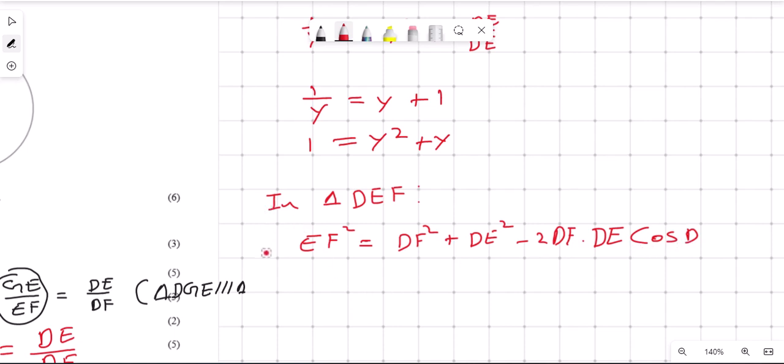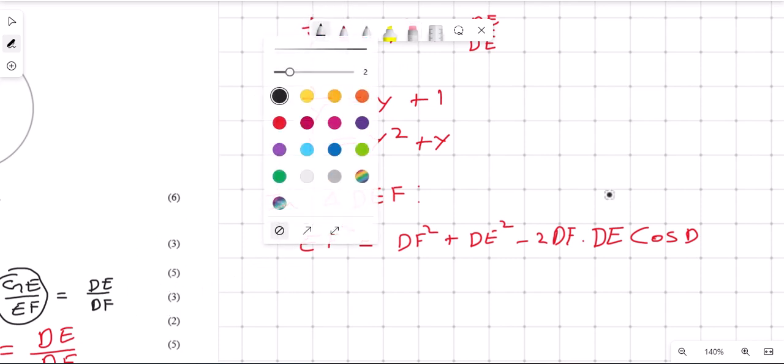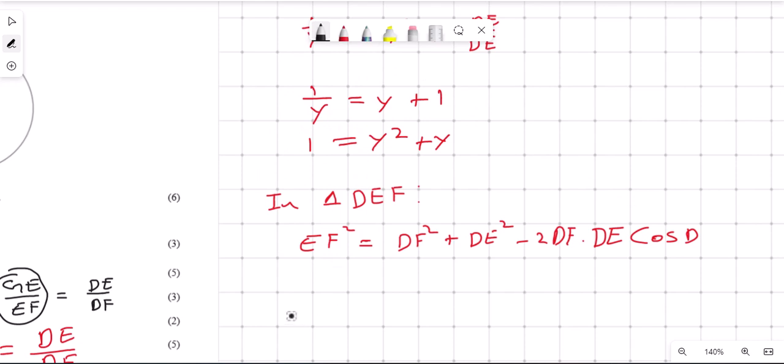So this is looking at that cos 72. It means we need to make cos D the subject of the formula. Yes. So it's very straightforward.